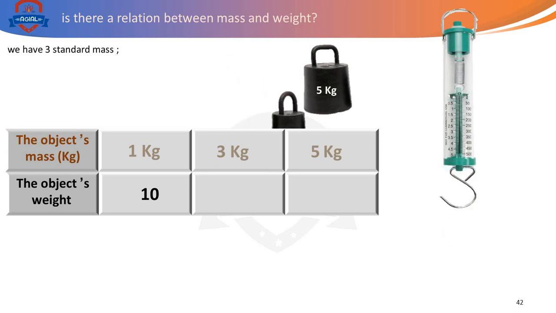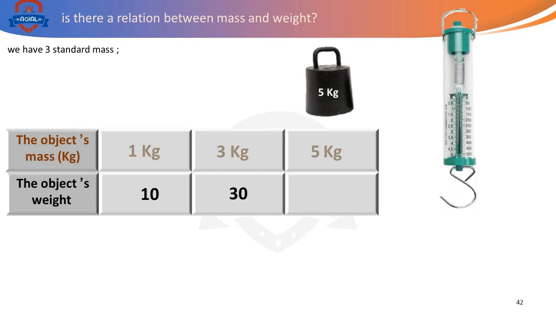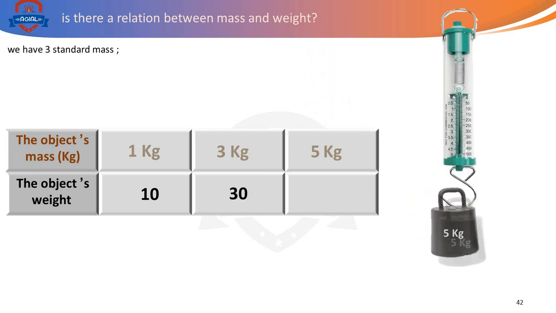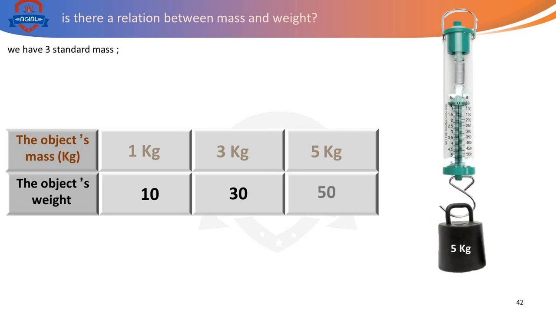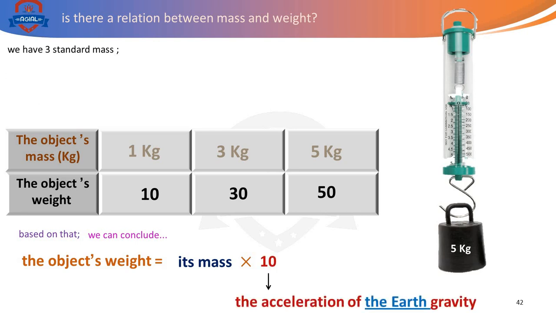The next one, its weight will equal 30. The third one, its weight will equal 50. Based on that, we can conclude the object's weight equals its mass times 10. The 10 is the acceleration of the Earth's gravity.